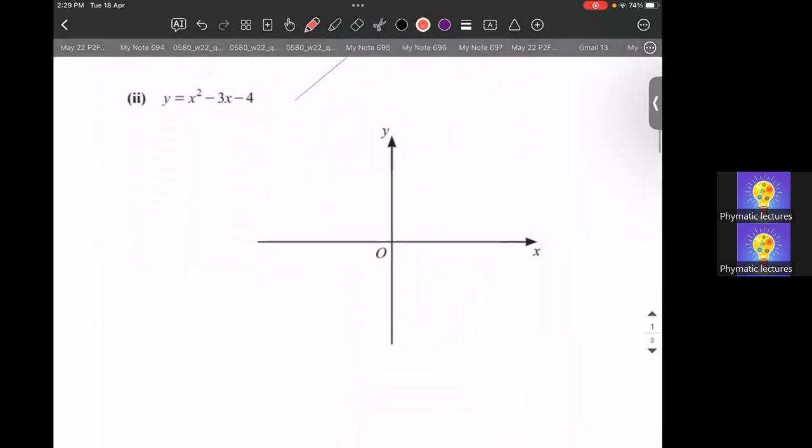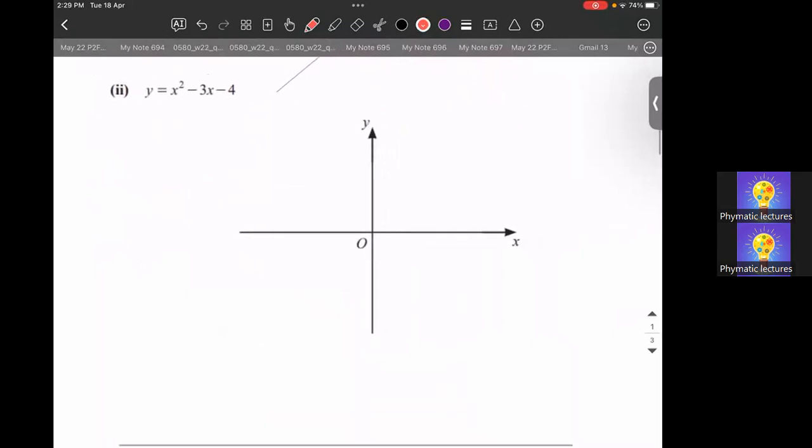Now, moving to the next part. In this part, we have the equation y is equal to x square minus 3x minus 4. See the power of x. What is the power of x? The power of x is 2. It's a second degree, so it is always a quadratic expression.